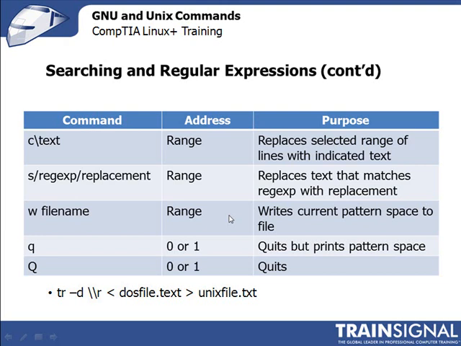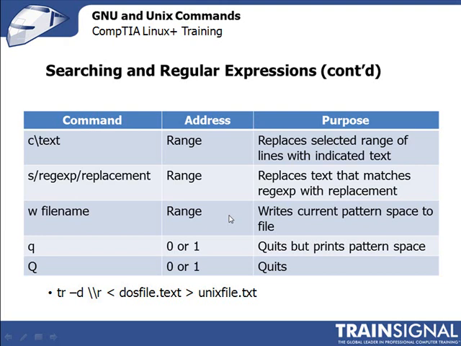The next one we just learned about, and it's s/regexp or regular expression/replacement, and that replaces the text that matches the regular expression with the indicated replacement. w space file name writes the current pattern space to the file.